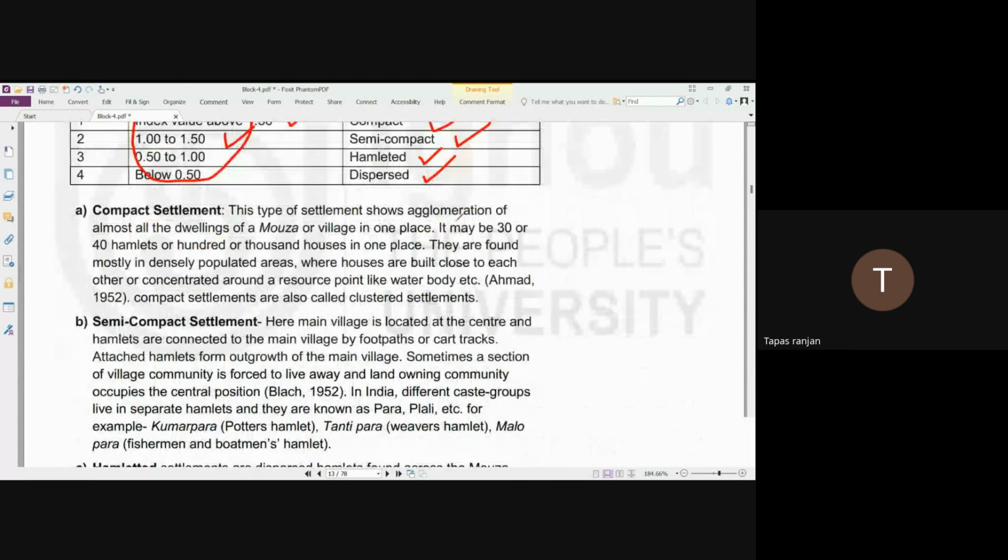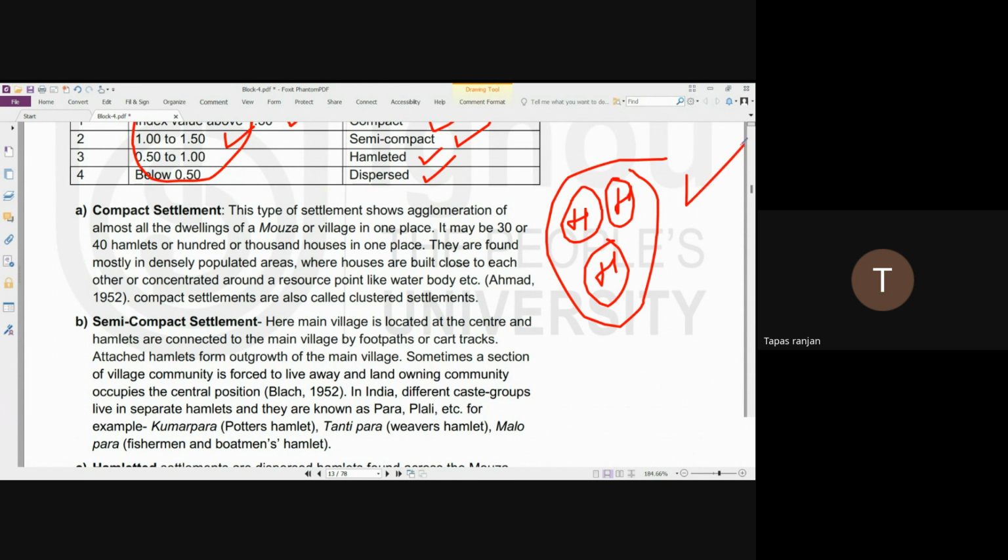It may be 30 or 40 hamlets or hundreds or thousands of houses in one place. Let's say this is a hamlet and the nearby area is also a hamlet, and the next nearby area is also a hamlet. All together we can consider this as compact settlement.